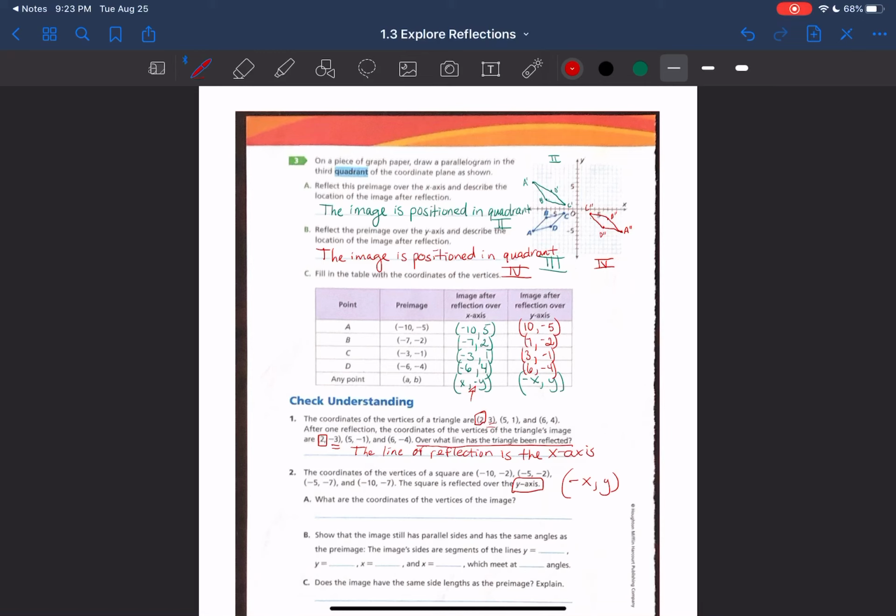So instead of -10, our first coordinate will be 10 and then -2. The opposite of -5 would be 5, and the y value will stay the same. We'll do it again for the next one. Opposite of -5 is 5, -7, and then finally 10, -7. Those would be our 4 coordinates.